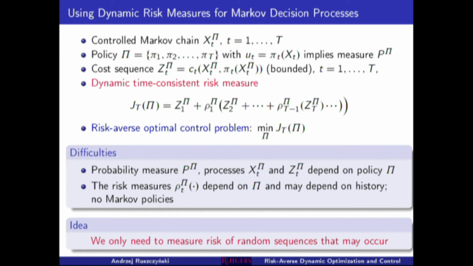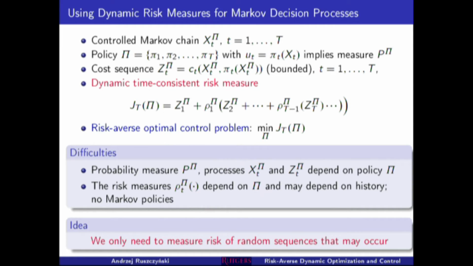This time-consistent risk measure is obtained by composition of different one-step risk evaluations. And our cost problem, this is a finite horizon cost problem, would be to minimize this risk measure with respect to all policies.